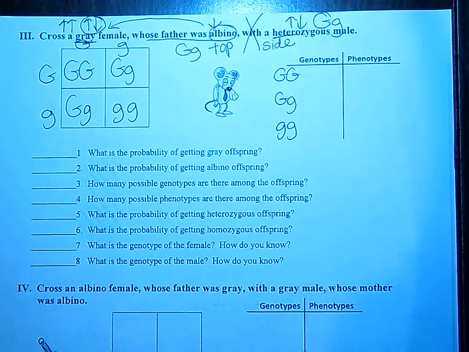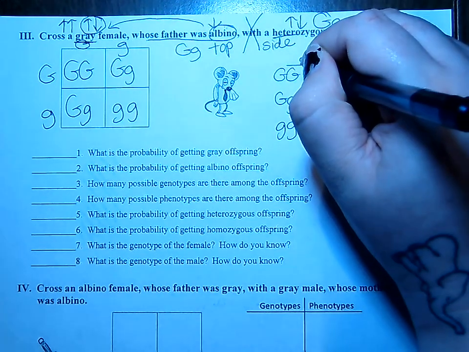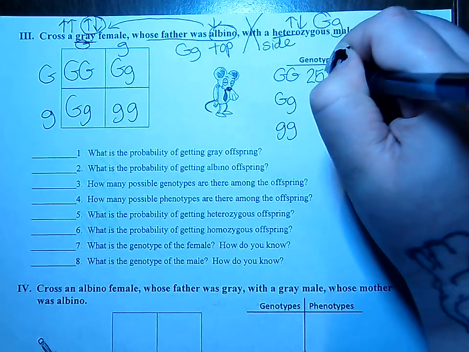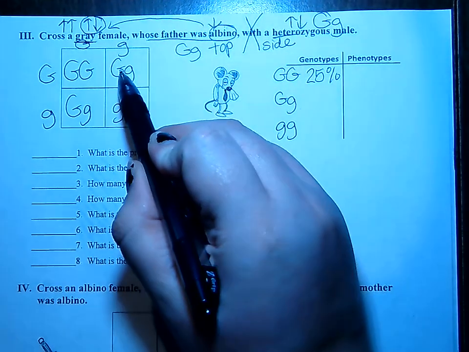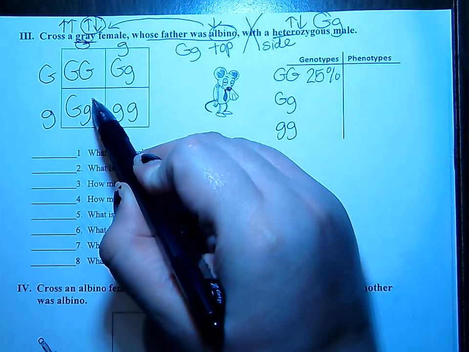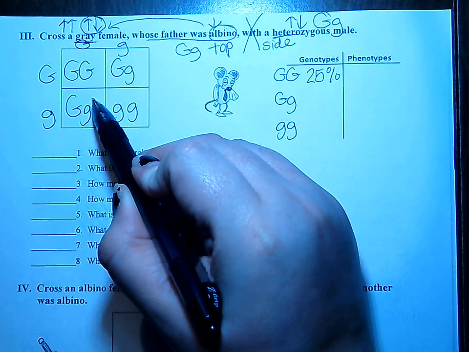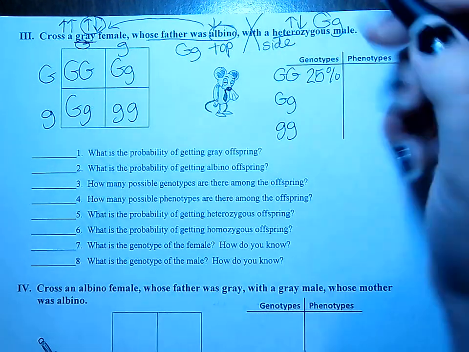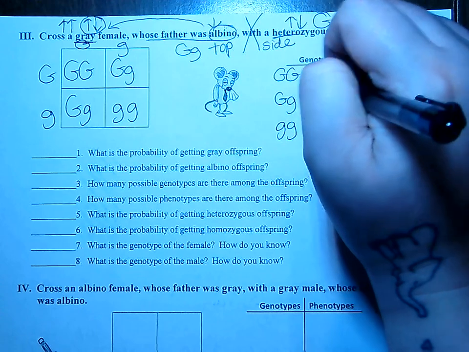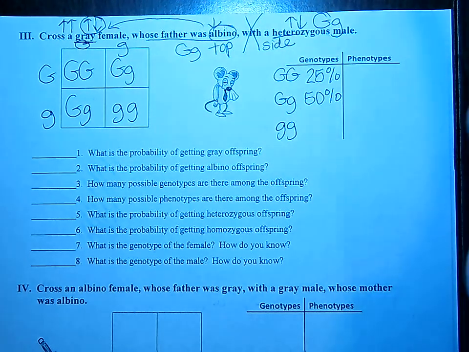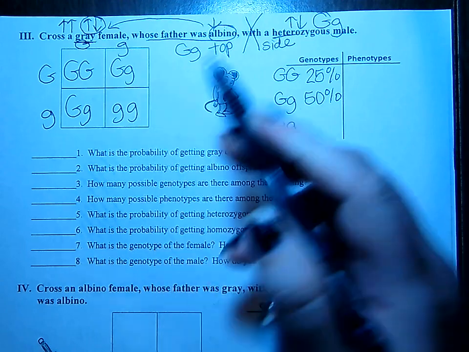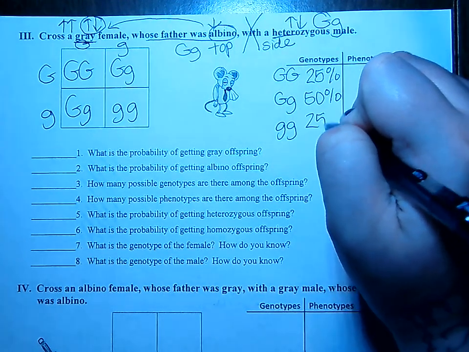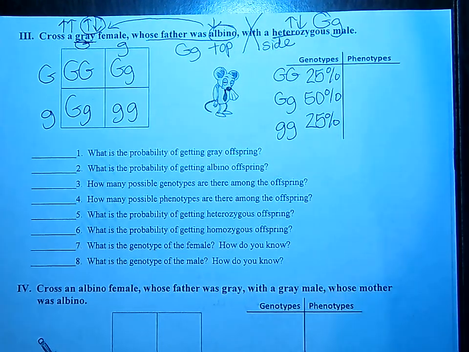So 1/4 is the same thing as a quarter or 25%. For heterozygous, we have 2 out of the 4 squares. So that's going to be 50%. We're left with little little. We have 1 out of the 4 squares. So that would be 25%.